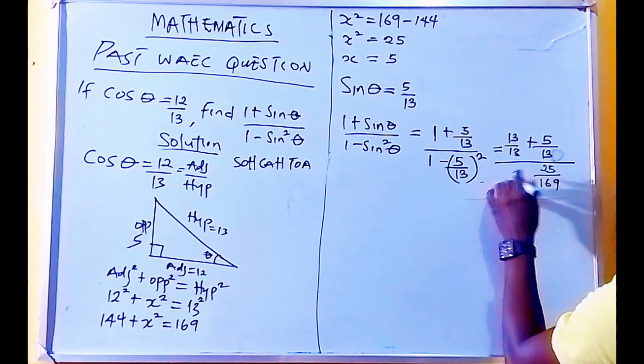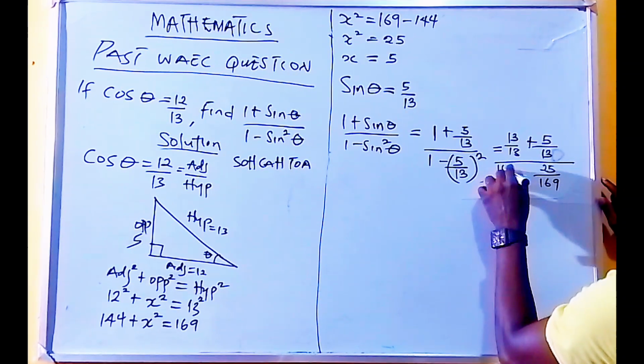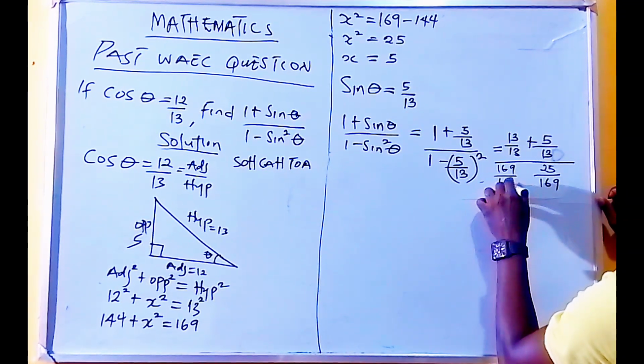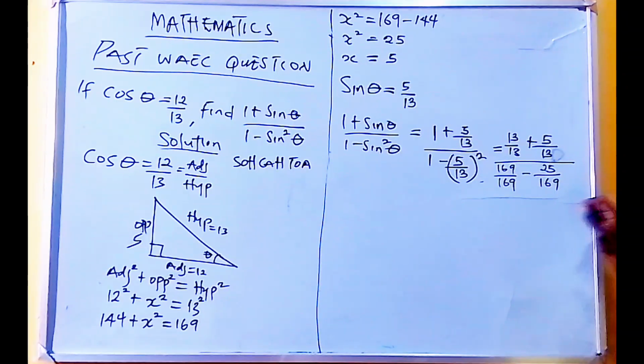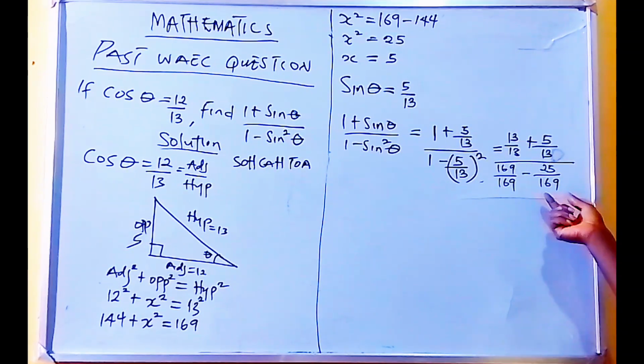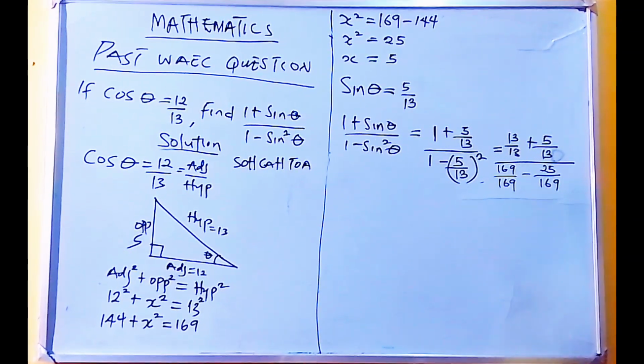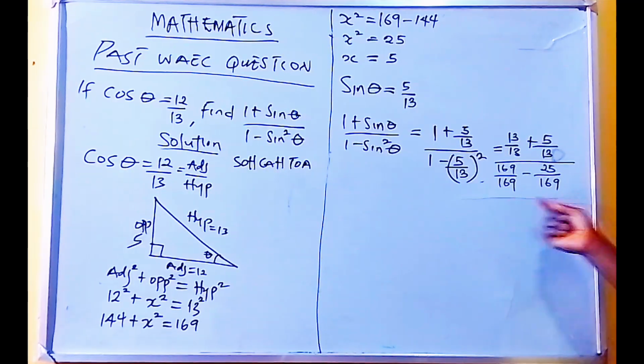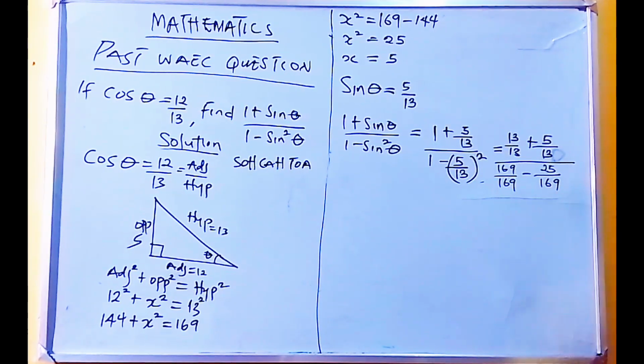So therefore I can write this to be 169 over 169 minus 25 over 169. That's the equivalent of this.